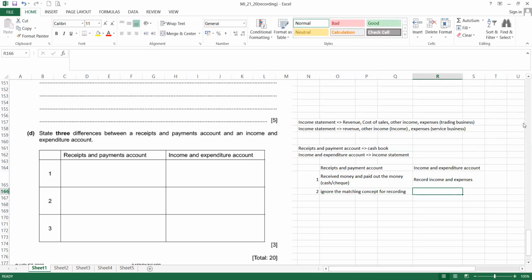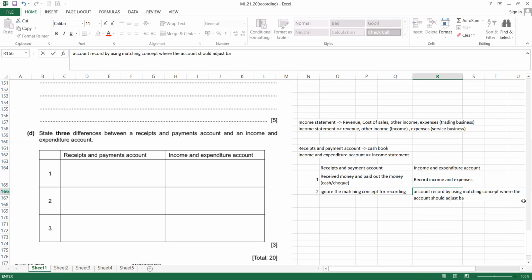But when we do the income and expenditure or income statement, we have to record by using the matching concept, where the account should be adjusted based on expenses incurred rather than expenses paid.